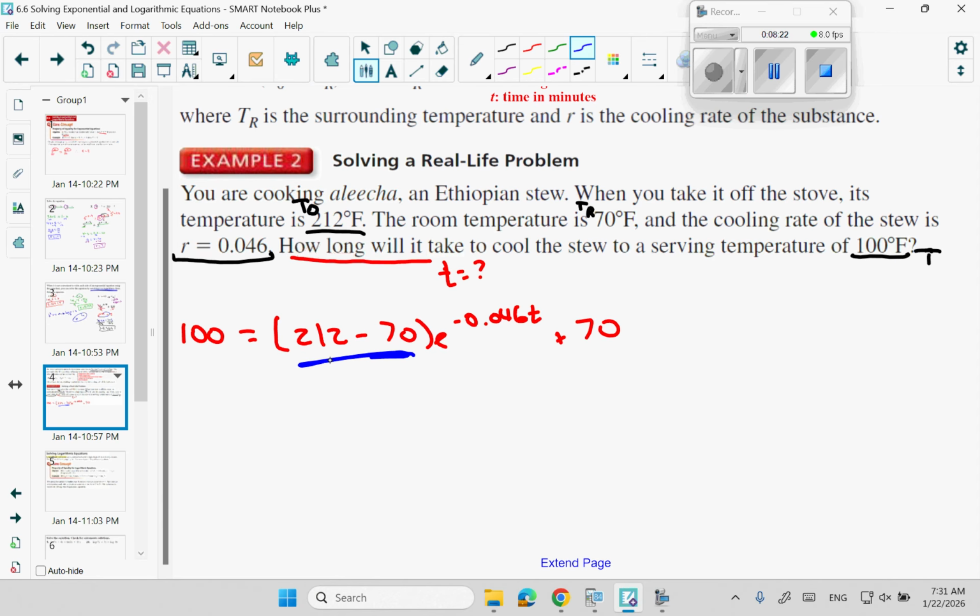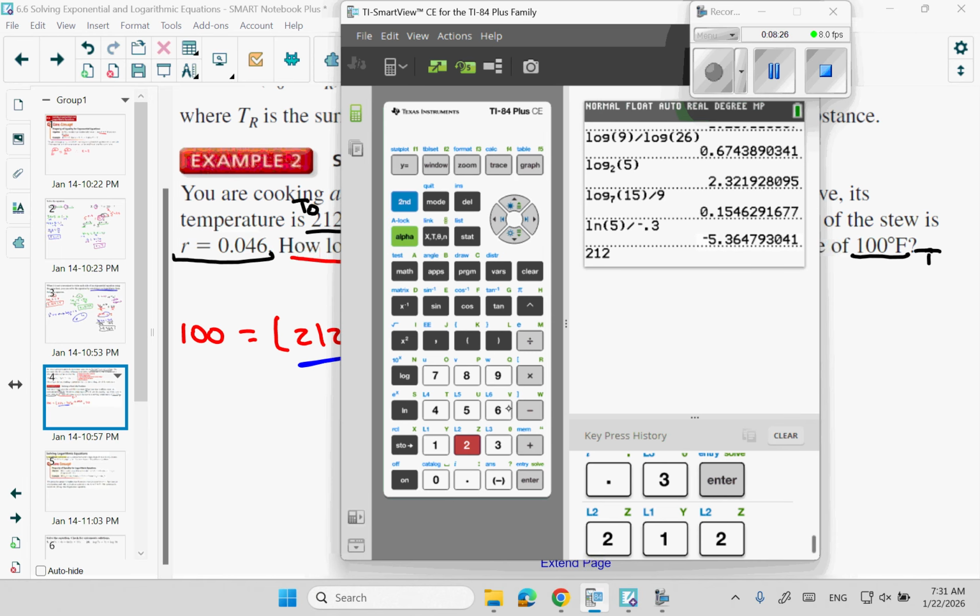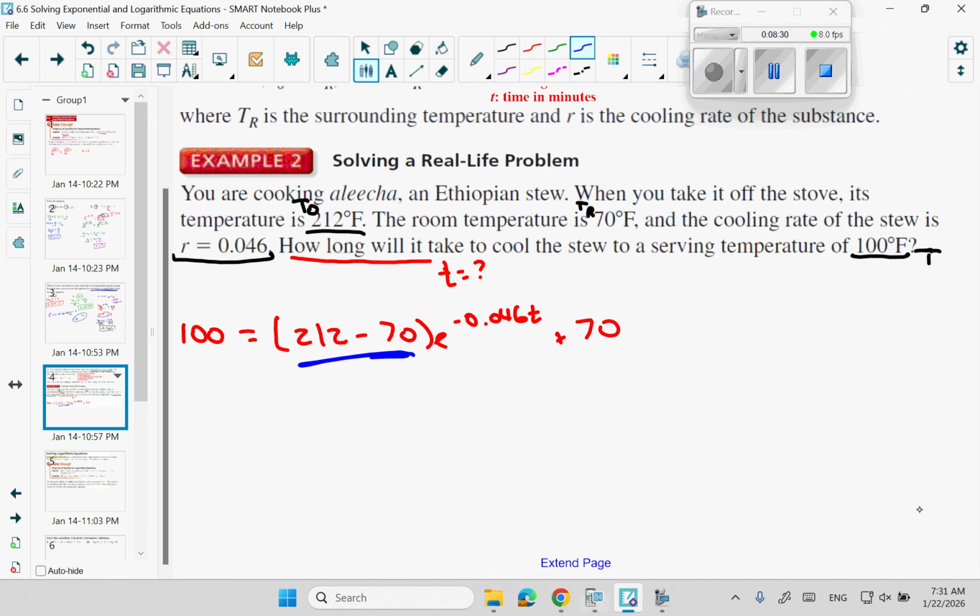These are being subtracted, so I can do 212 minus 70. I get 142. I can subtract the 70 from both sides, so I'm going to get 30. And remember, I'm trying to isolate this, so next we would divide by 142.